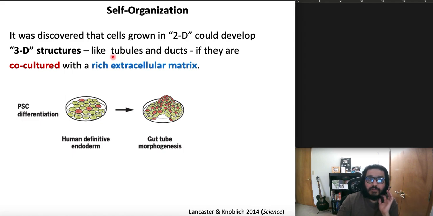So they can get little tubes or tubules or little ducts to appear. So kind of like this, where you get a little bit of mini organization, where instead of this basic flat 2D structure, you get this little bump in the culture, and that could eventually grow into an actual round tube.